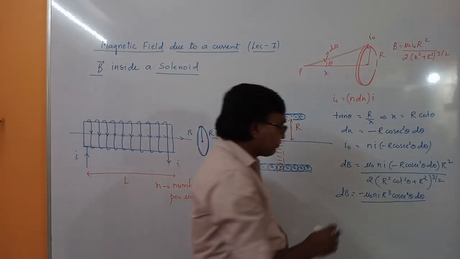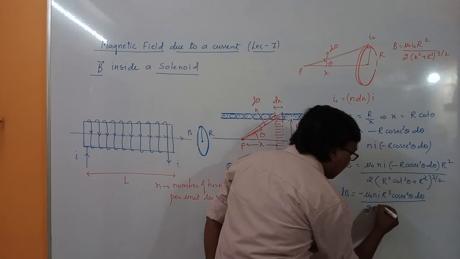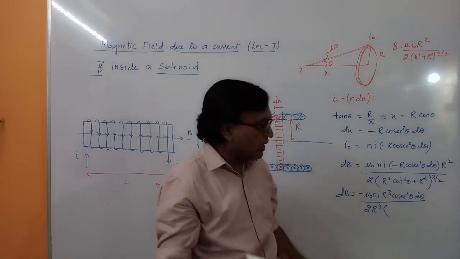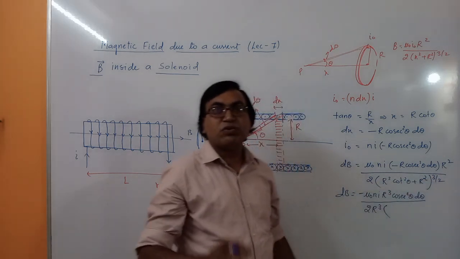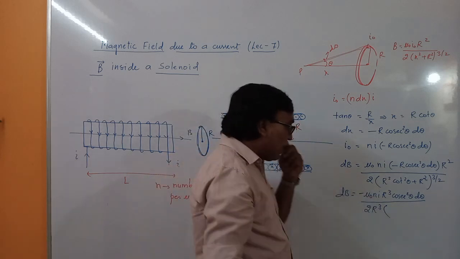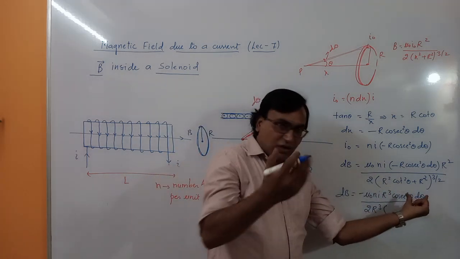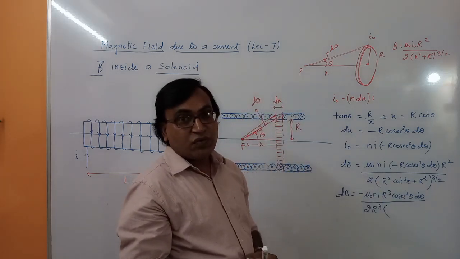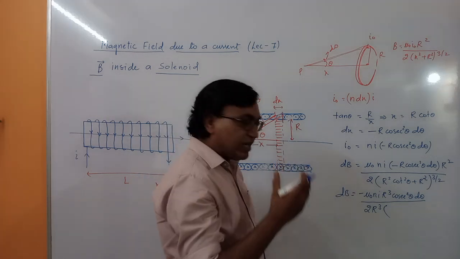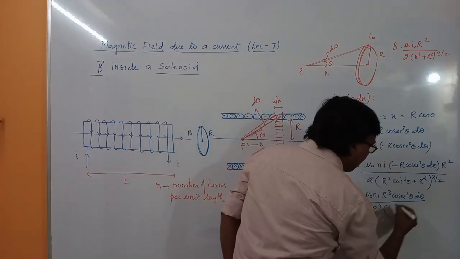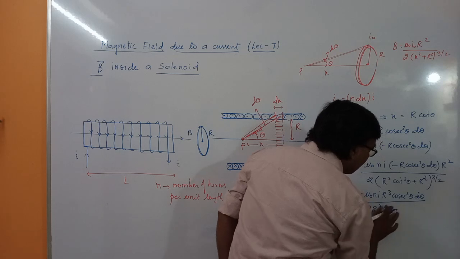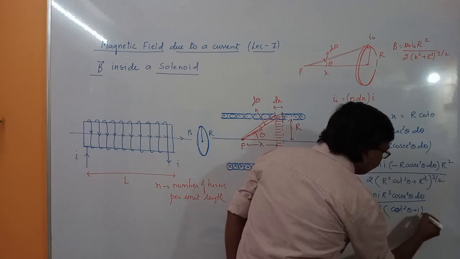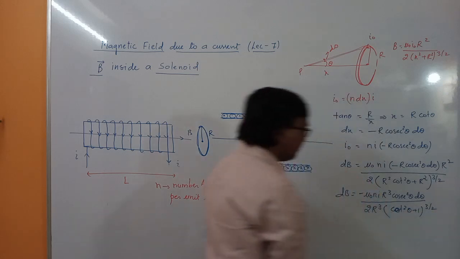If I take r square common, but this whole bracket is raised to 3 by 2, so r square raised to 3 by 2 is r cube. So what will be remaining if you take out r square? 1 plus cot square theta. So here it will be cot square theta plus 1, raised to 3 by 2.